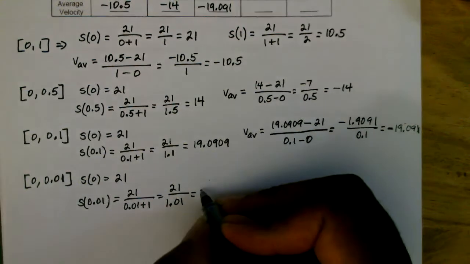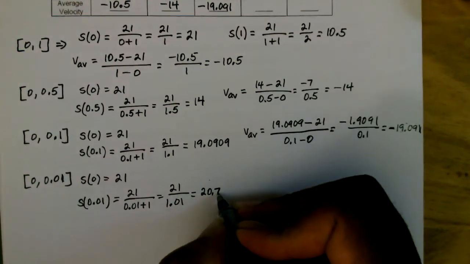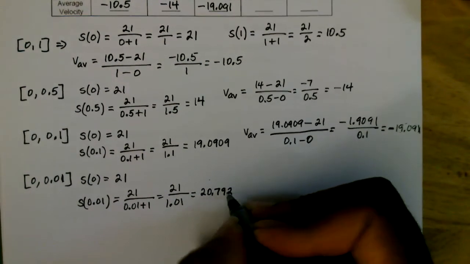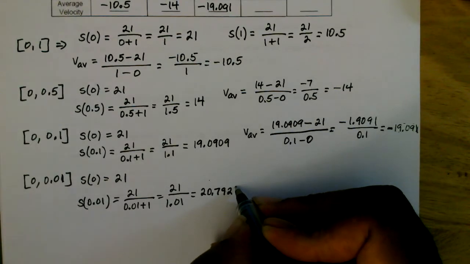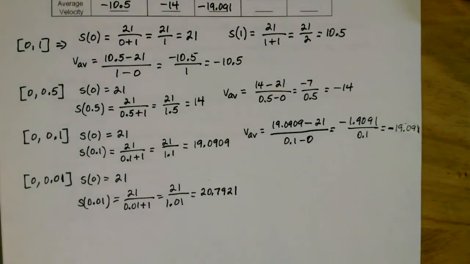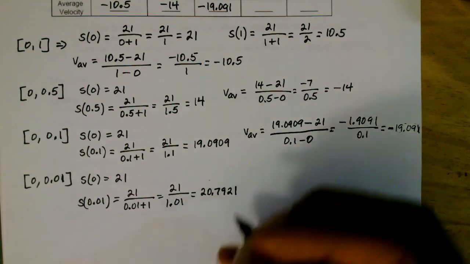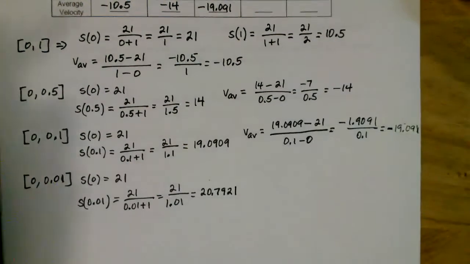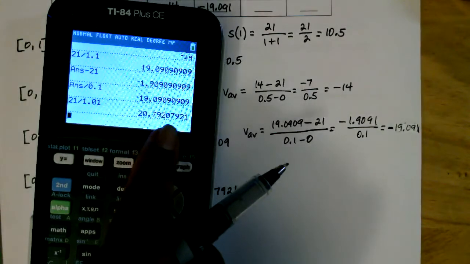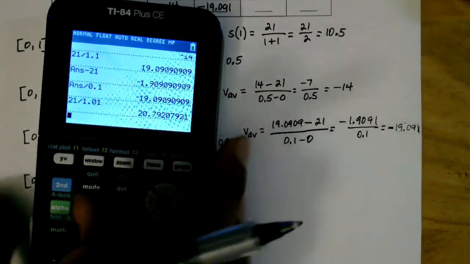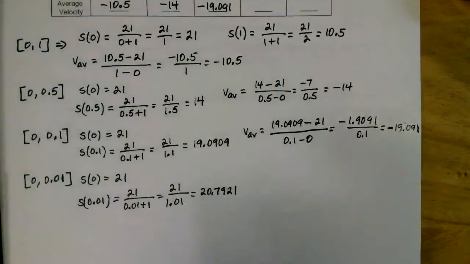And I'm going to say this will be 20.792. I'll say that because notice that this decimal repeats 0.7920792, and then they rounded it off to a 1.